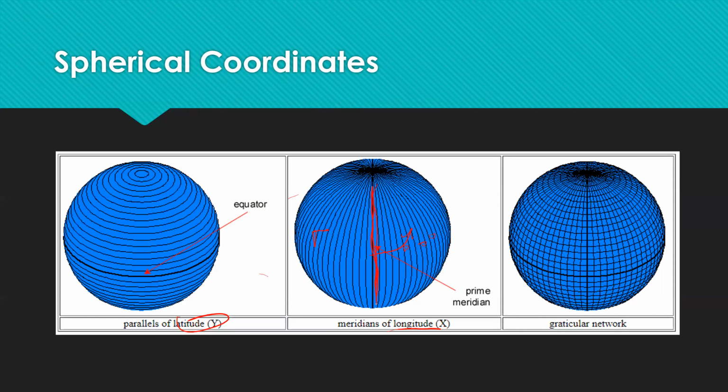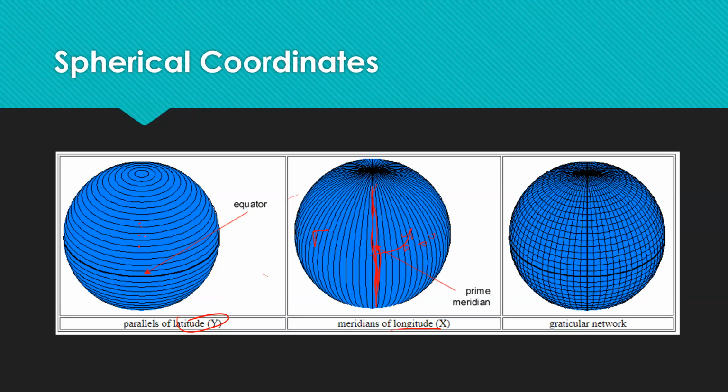The prime meridian is 0 longitude, and everything else is either positive or negative relative to that. Latitude is going to be circles that go around from east to west, but they tell us how far we are above the equator. So latitude is y, longitude is x.